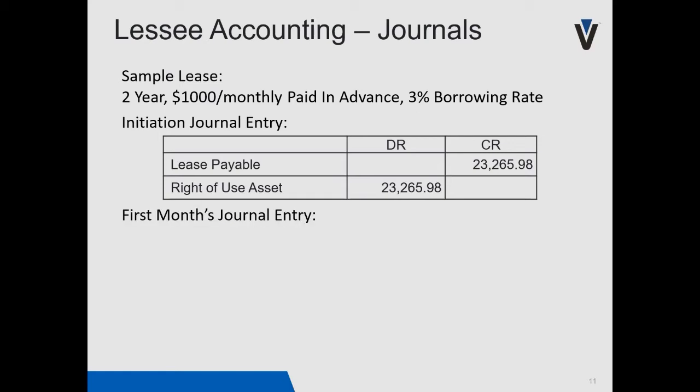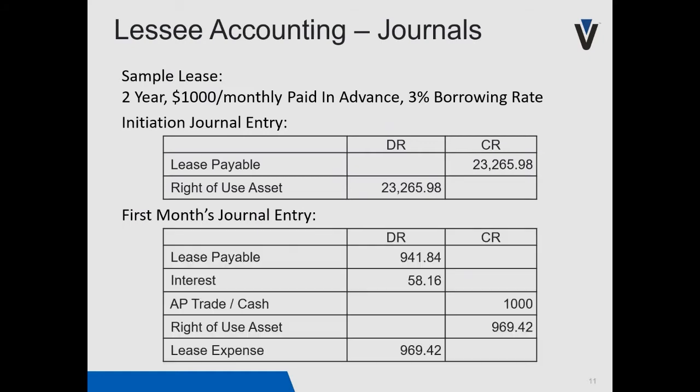Each month, it basically offsets those balances that are in your balance sheet. And this is just the first month's journal entry. Now the interest changes over the course of the lease and decreases over time. So this does change over time, but this is a flat amortized amount over the duration of the 24 months.